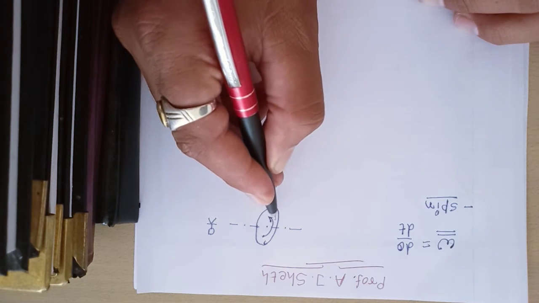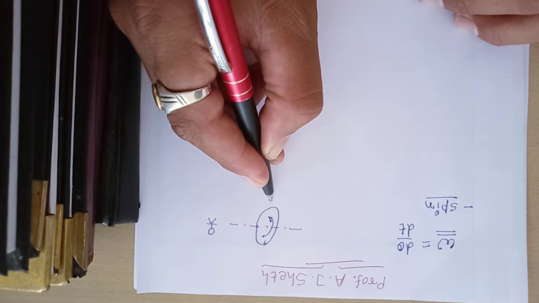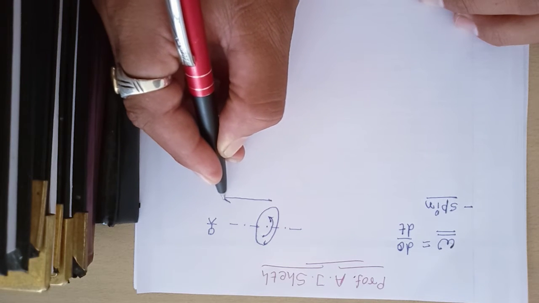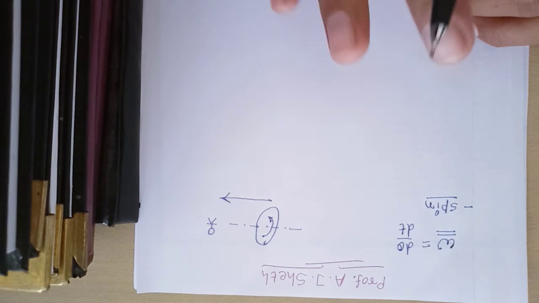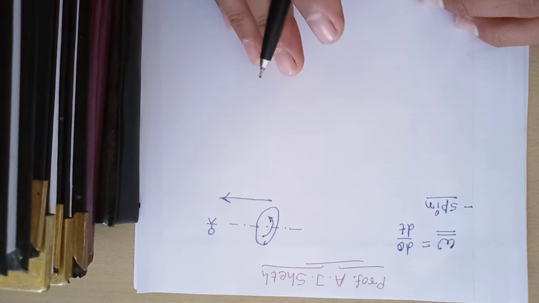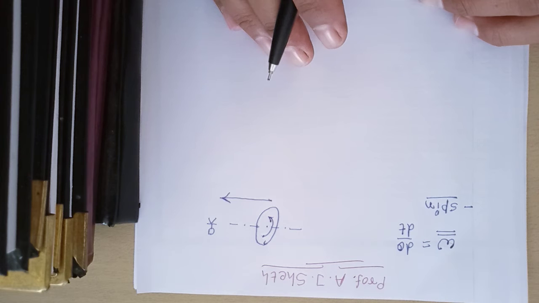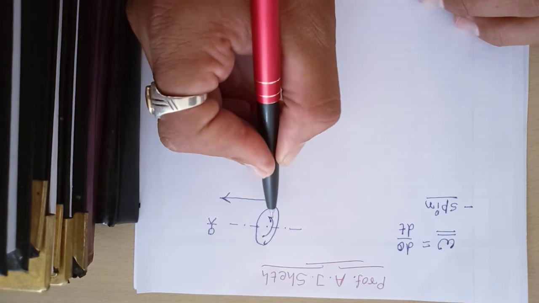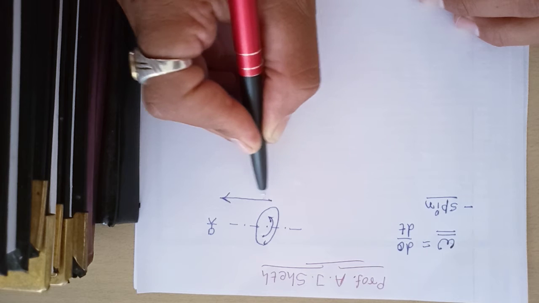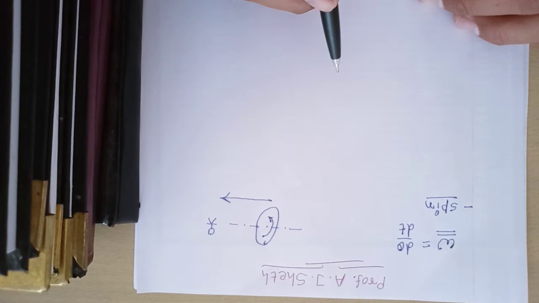Suppose it is rotating in the anti-clockwise direction, the vector will be towards the observer. This is what we have taken as a sign convention.